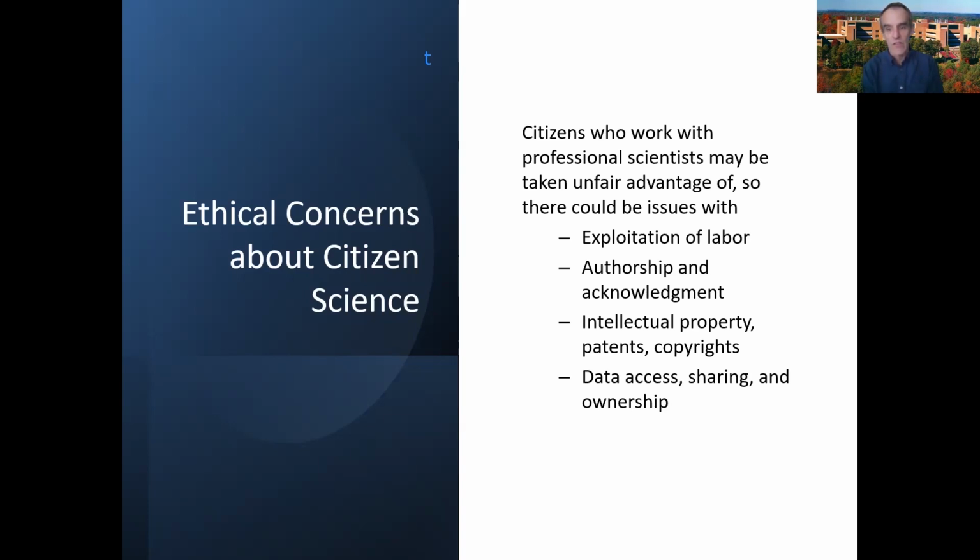Data access and sharing and ownership issues. Citizens may have different ideas about this than professional scientists. Or maybe they just have conflicting understandings. I think that the general norm in science is that you should make data freely available.